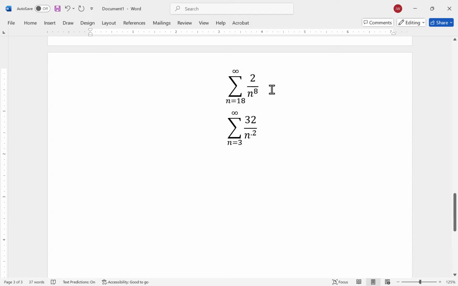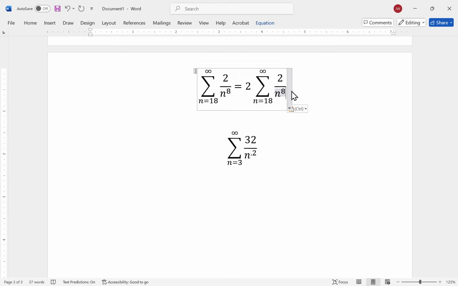For both of these, having a 2 instead of a 1 in the numerator is not going to affect this much because if we do converge, we can just factor out a 2. That is the constant multiple rule. Remember, if we multiply by a constant, then we can factor it out.